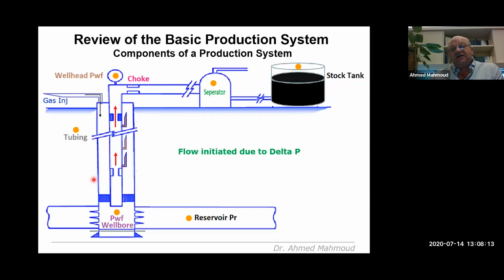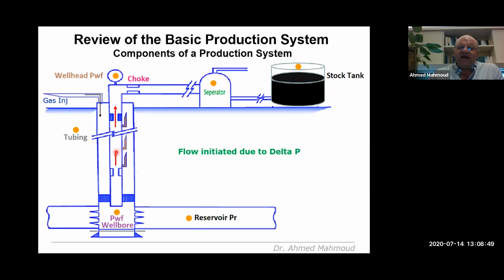Some wells, reservoirs in particular, may not be that strong. They may not have enough reservoir pressure to pay this delta P tax, if we can say, to travel this distance up north from the wellbore to the wellhead. Because they don't have enough delta P, I need to reduce the pressure by lightening the fluid column.